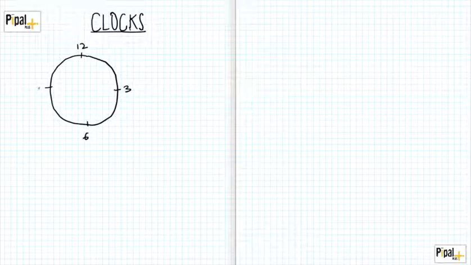3, 6, 9, right? And then it has these two markings for numbers 1, 2, 3, then 4, 5, 6, then 7, 8, and 9, and then 10 and 11, and this is 12.